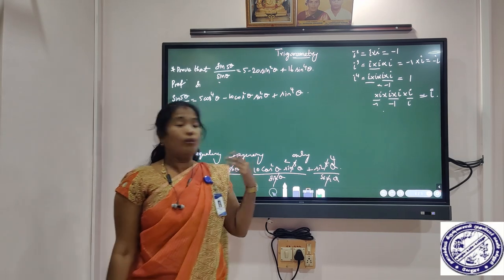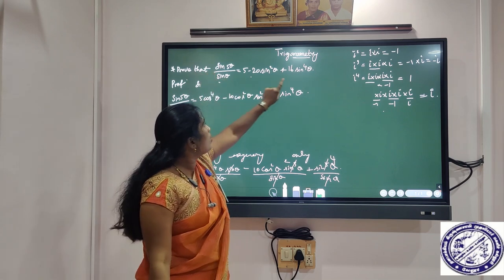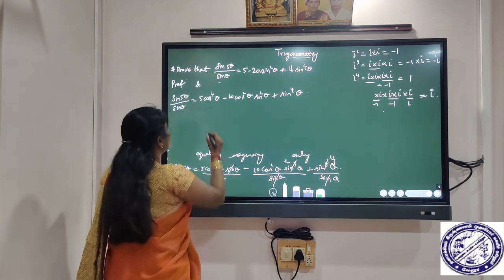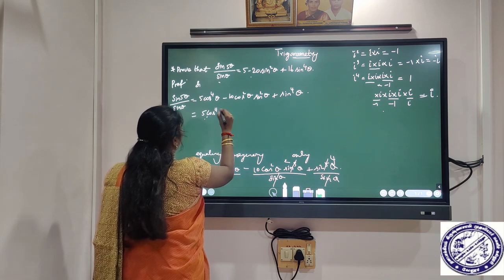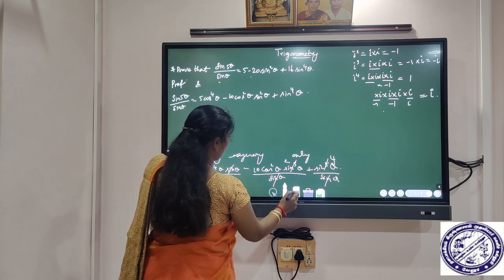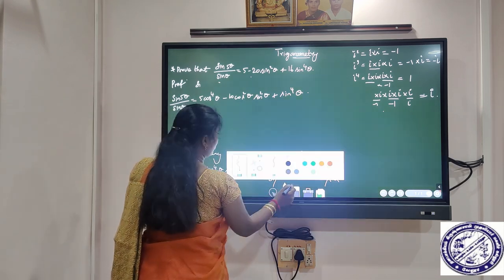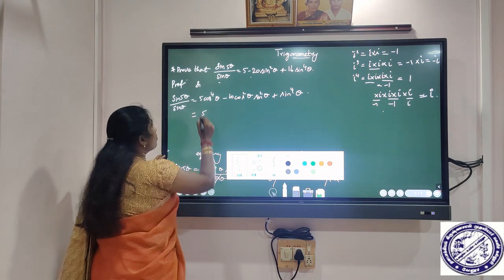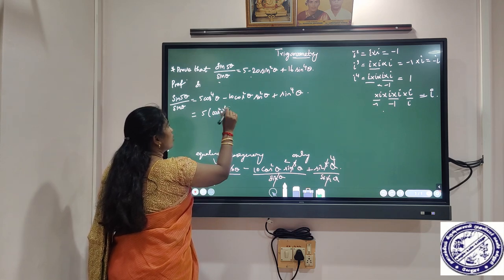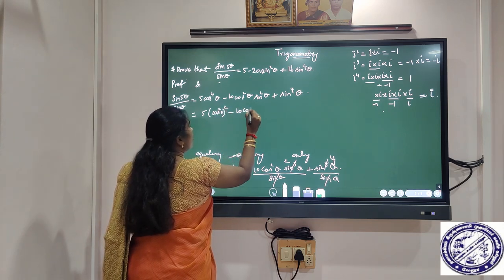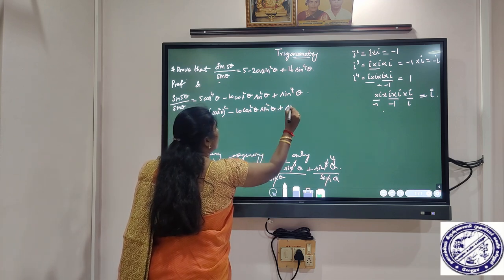Okay, now I am going to change these terms in terms of sin theta, because as given in the answer, all terms are in sin theta. So 5 cos power 4 theta, I am going to modify this cos power 4 theta as cos square theta the whole square, minus 10 cos square theta sin square theta plus sin power 4 theta.